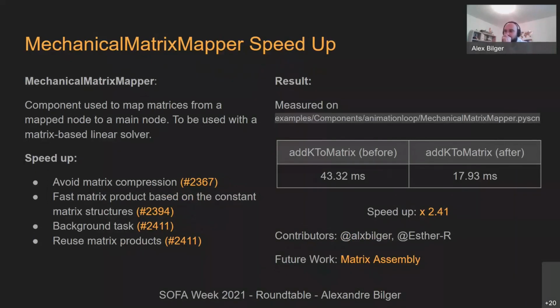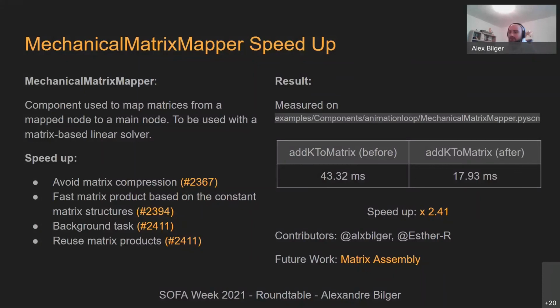This is not supported in SOFA, so we need this component for now. Esther worked on the performances of the matrix product based on a constant matrix structure. So it has been integrated, and there are some other optimizations that have been done.